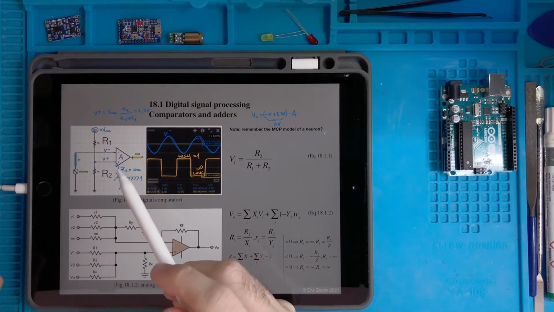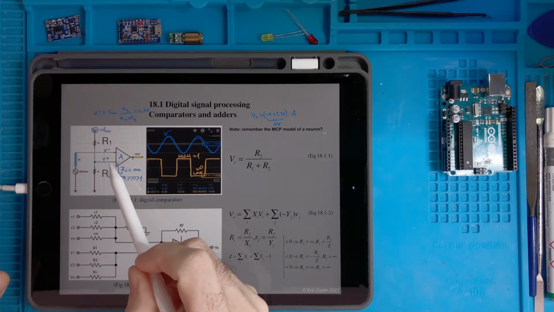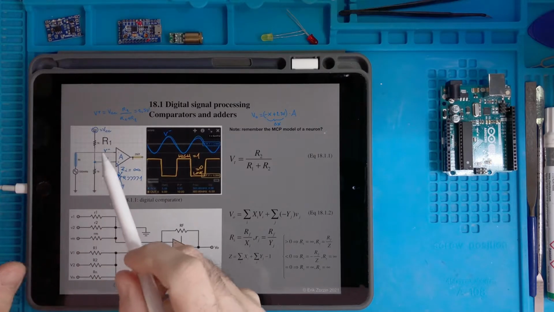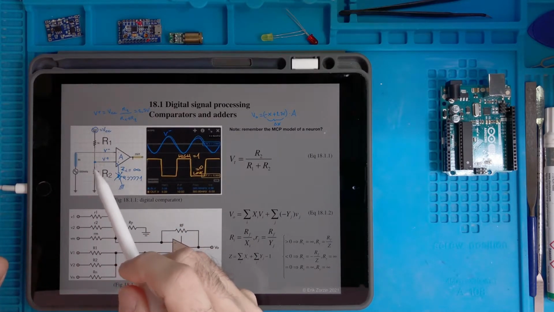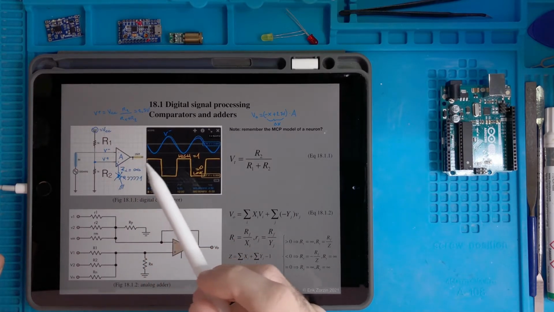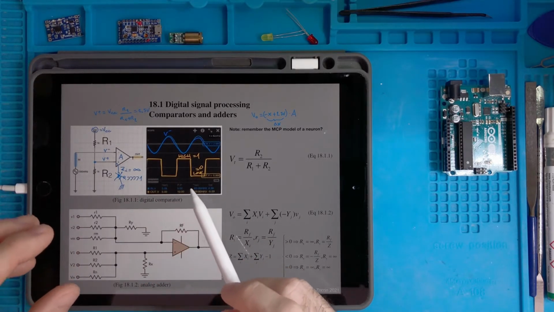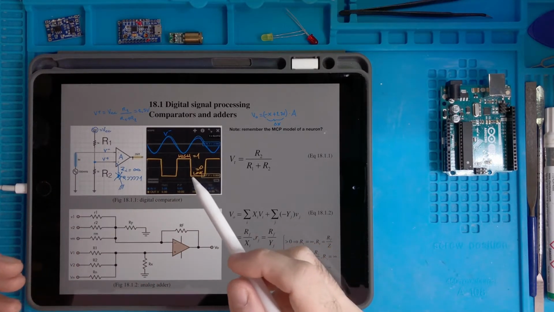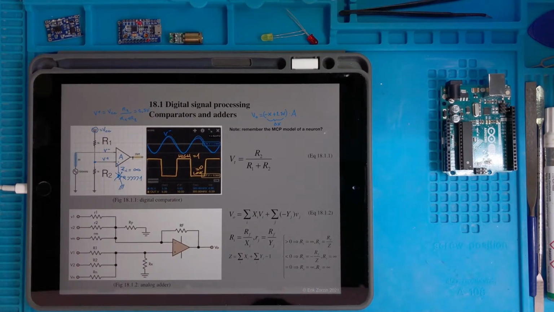Then you carefully inspect it and you say, okay, the input impedance is infinite, so I can break this circuit in two circuits. One is the two resistors, the voltage divider, which I already know and studied. The other is the operational amplifier, for which I have a simple model, and if I combine them together, I get a new circuit, which is the threshold circuit, the comparator, and so on.